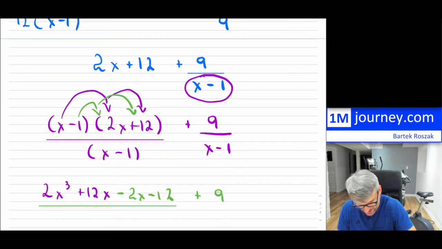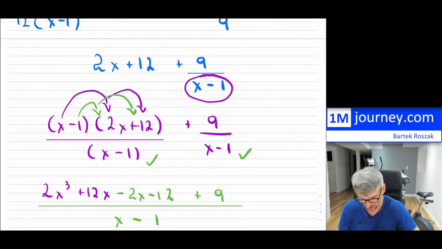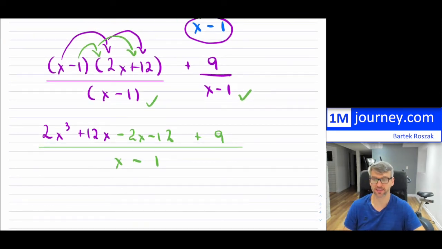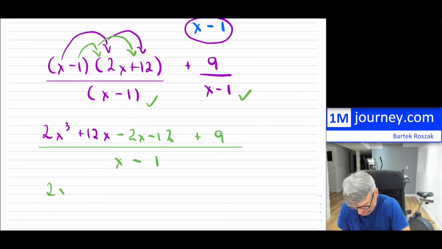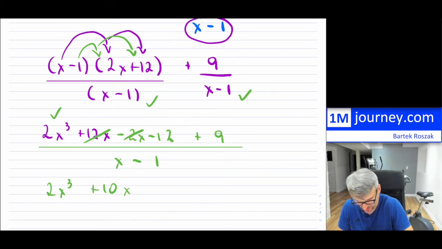Now notice the denominator is the same, so I can extend this and put all of it over x minus 1. And now we simplify by collecting like terms. And that gives me 2x cubed. Now 12x minus 2x is plus 10x. And negative 12 plus 9 is going to give me negative 3, divided by x minus 1.